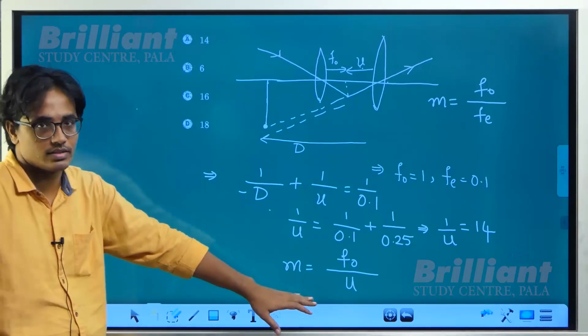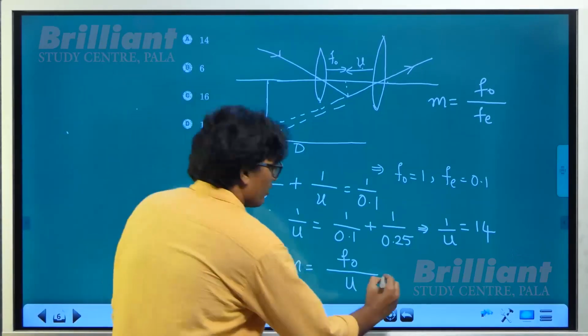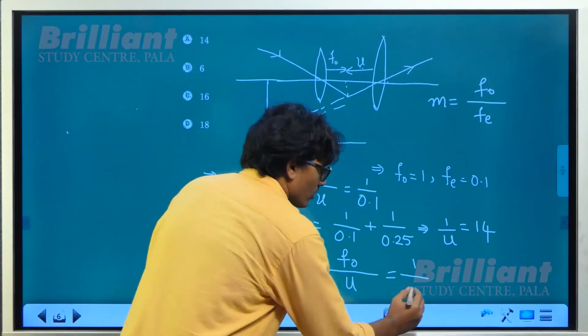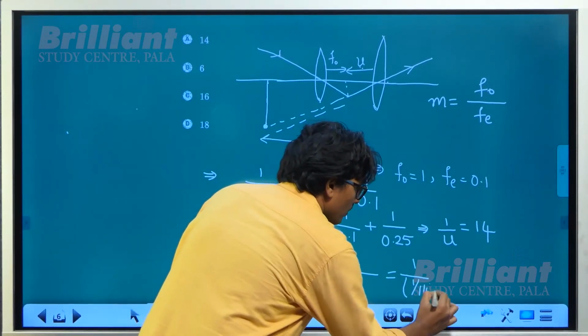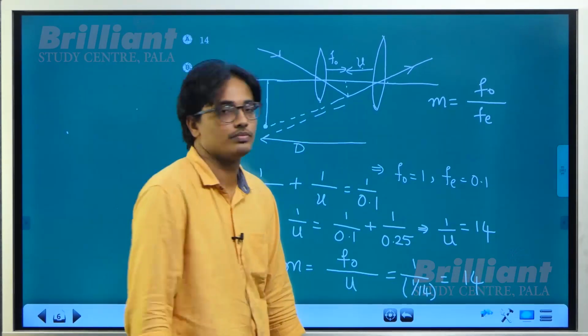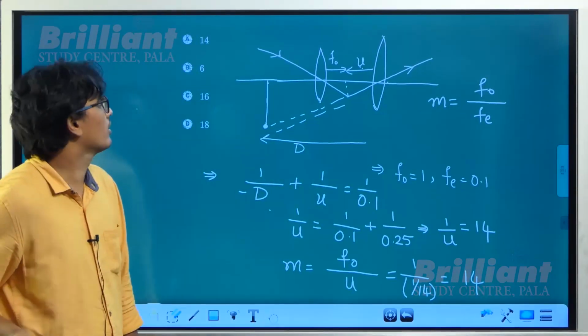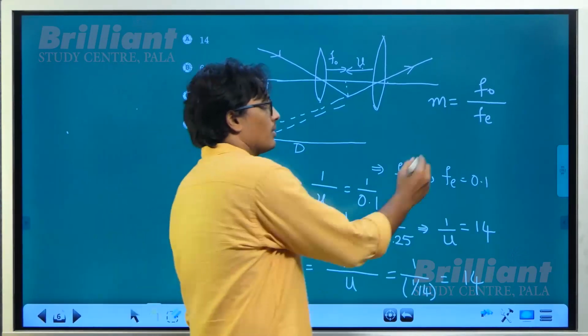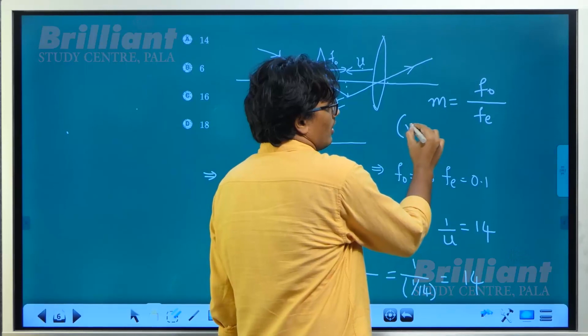This is at least distance of vision. So substitute all the values. FO is 1, u is 1 by 14. We'll be getting 14. So the answer will be 14. You can just remember the formulas if you want. This is in normal adjustment.